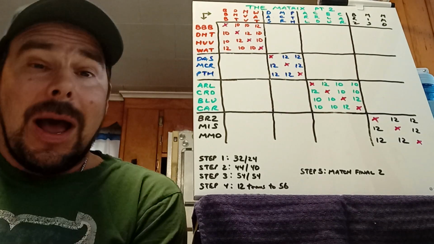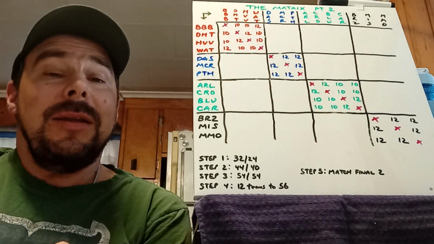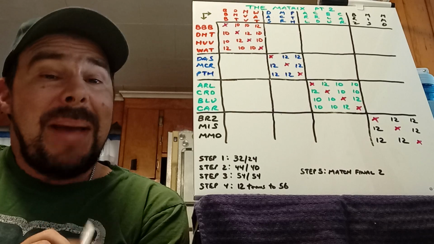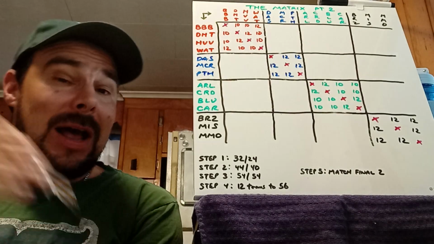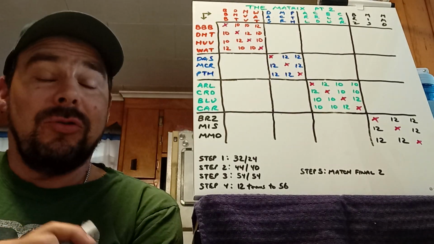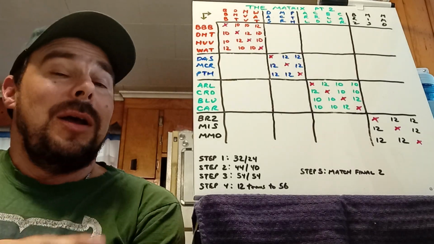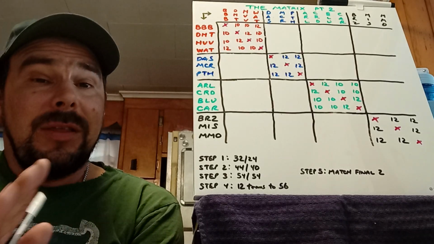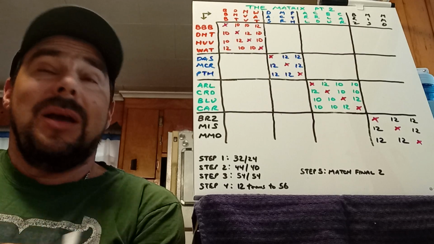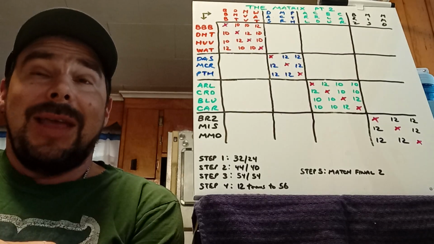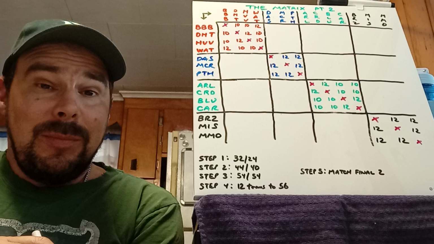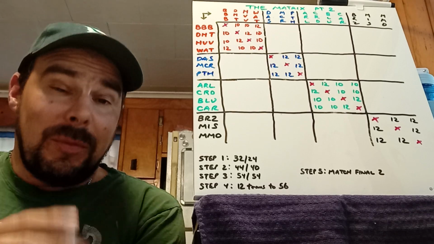Now, from what I understand, it is much more balanced than last year's schedule. Again, last year's schedule was kind of an aberration with a lot of the uncertainty that went on into June and ending up with an odd number of teams and kind of having to throw something together quick.